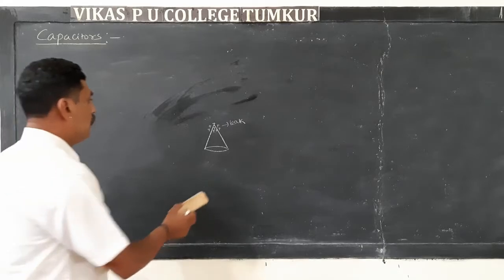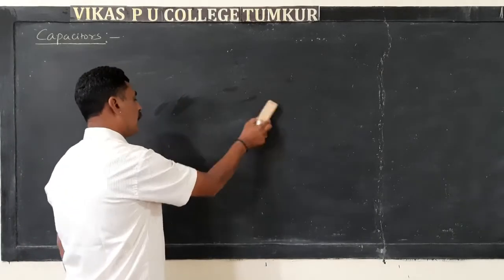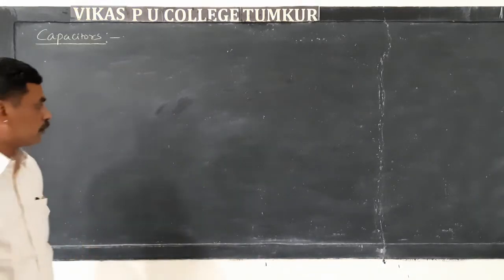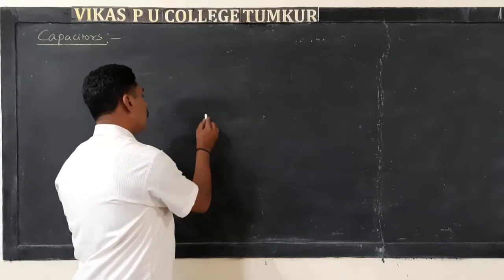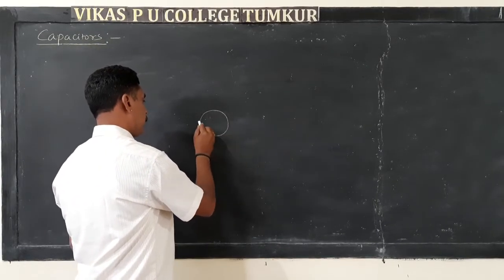There is only one body that can save charges for a longer time, or that can store charges: a uniformly curved surface of a constant curvature, a sphere.